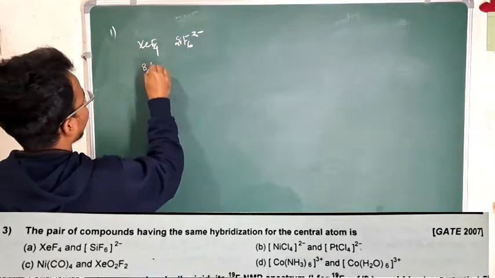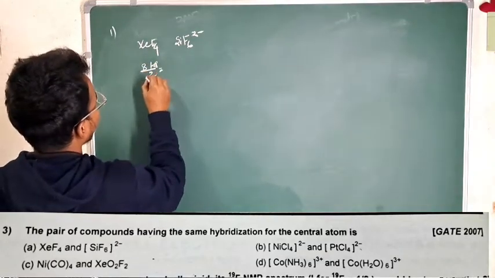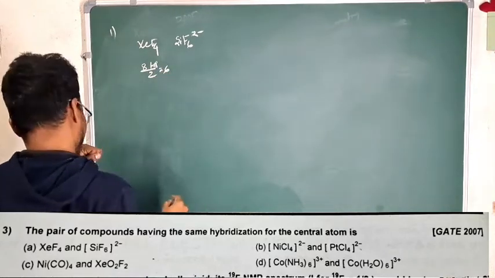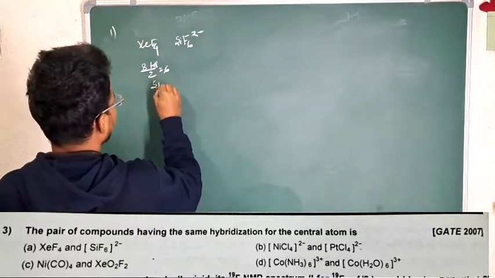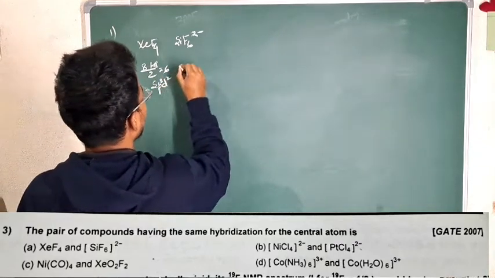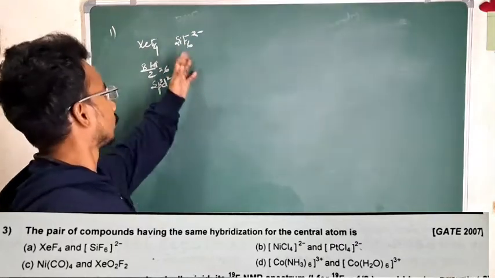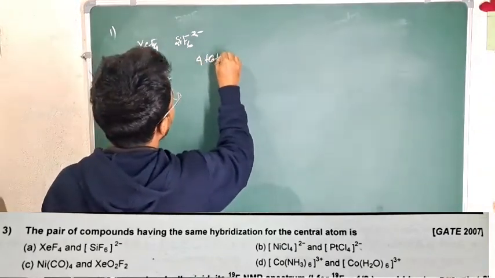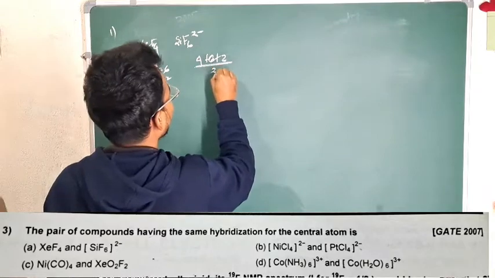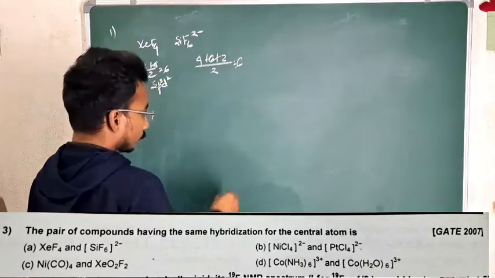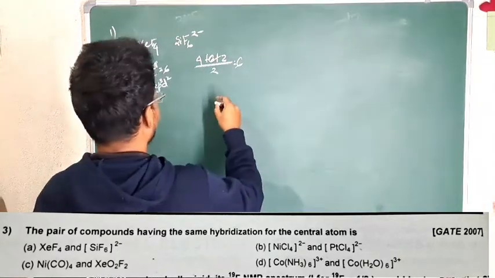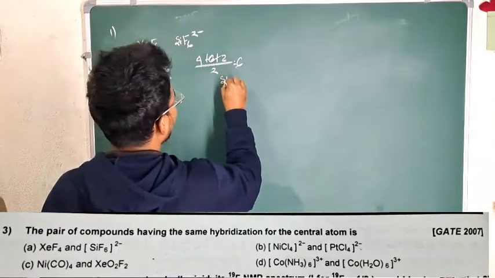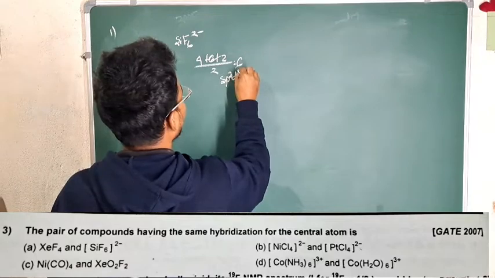So here 8 plus 4 by 2 means 6, which means sp3d2. For silicon, 4 plus 6 plus 2, by 2 means 6, so sp3d2.